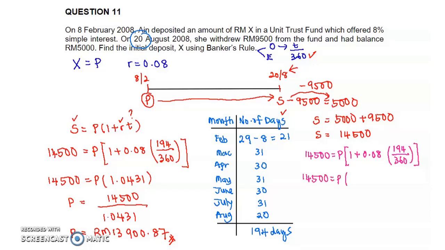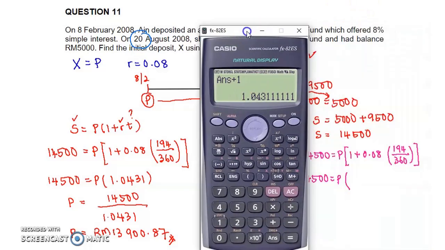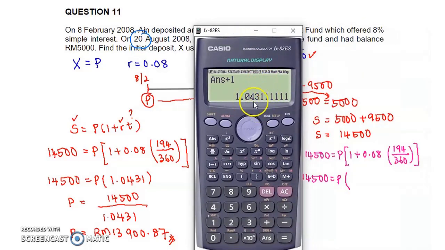Okay, value in bracket just now. Instead of you round off to 4 decimal point, if you want to write in long decimal point also, no problem, but it's not practical.